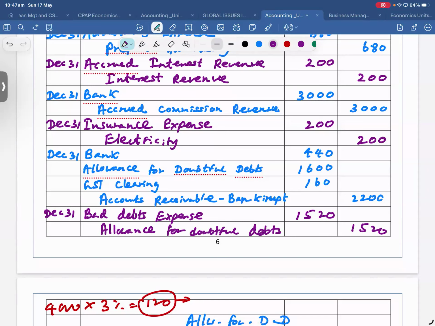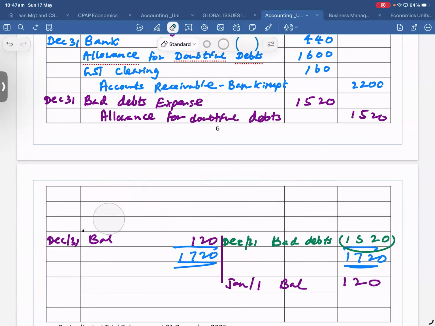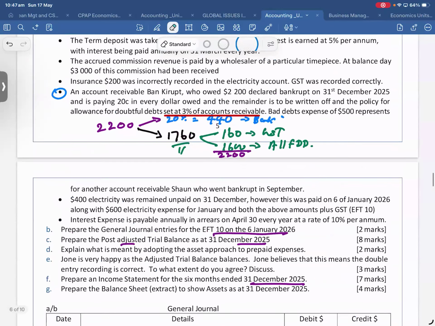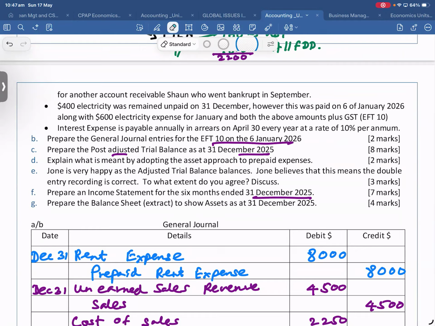Then guys, next one. The first one on the next page: 400 remained unpaid on 31st December.